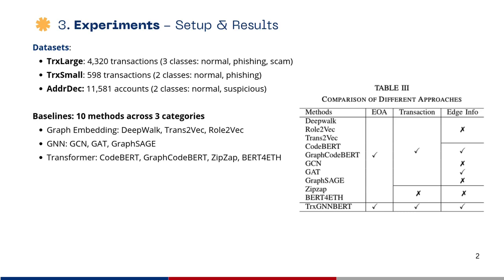across those three categories. Here we can see that this proposed method includes all of the properties, for example, EOA, externally owned account, as well as transactions, and age info.